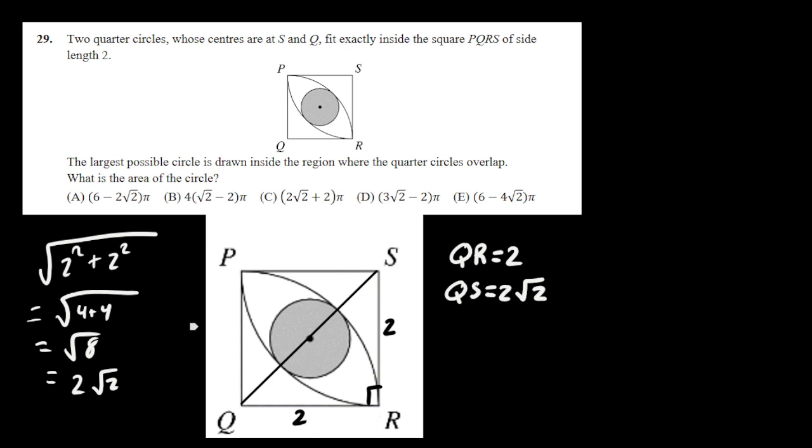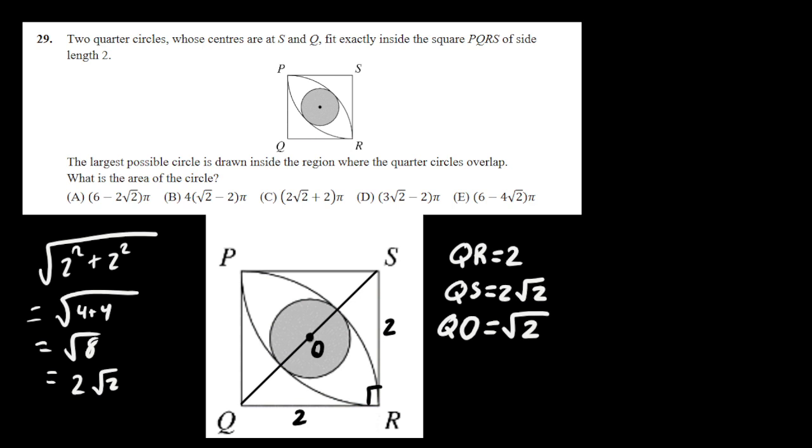And let me make a point at the center called O. And O, of course, bisects QS. It cuts it in half. So if QS equals 2 root 2 and O cuts QS in half, then QO should be half of 2 root 2, which is just root 2. So QO equals root 2.